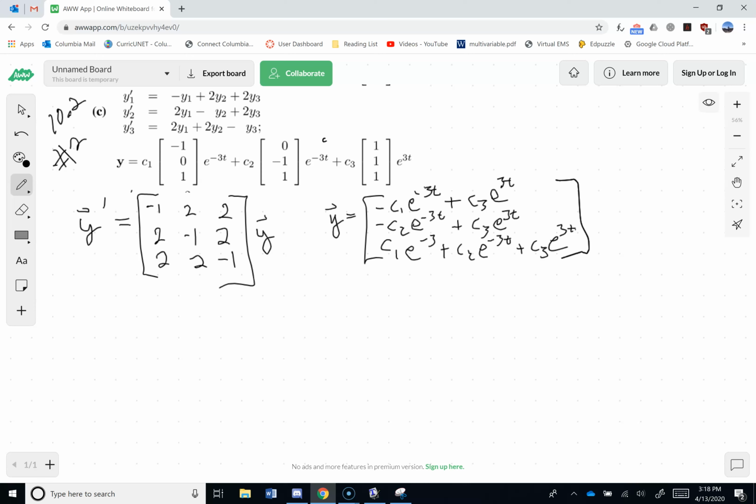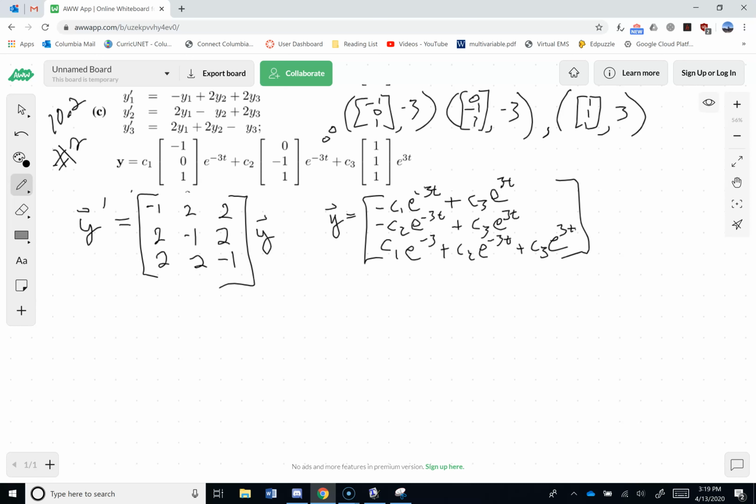And so if I'm looking at this thing and thinking about those eigenpairs, apparently they look like minus 1, 0, 1, with minus 3; 0, minus 1, 1, with minus 3; and 1, 1, 1, with 3. And maybe you notice that something's a little bit weird, that minus 3 is in here twice.